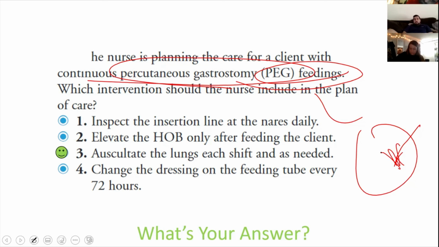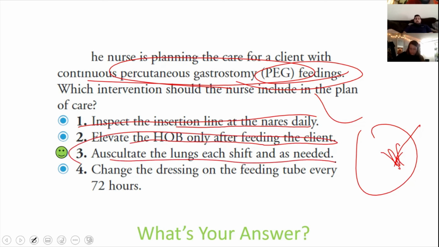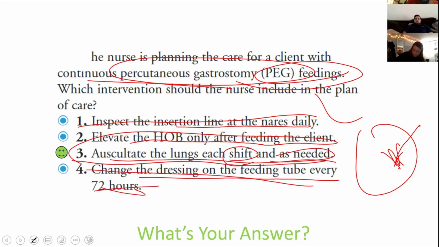So: inspect the insertion site. Okay. Elevate the head of the bed after feeding. Okay. Also take lungs each shift and as needed, and then change the tube feedings every 72 hours. That's incorrect.